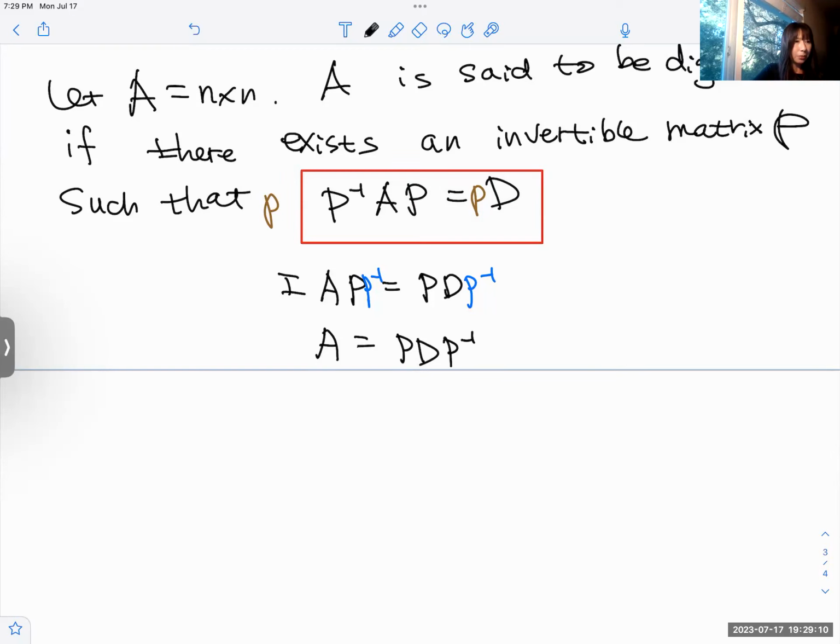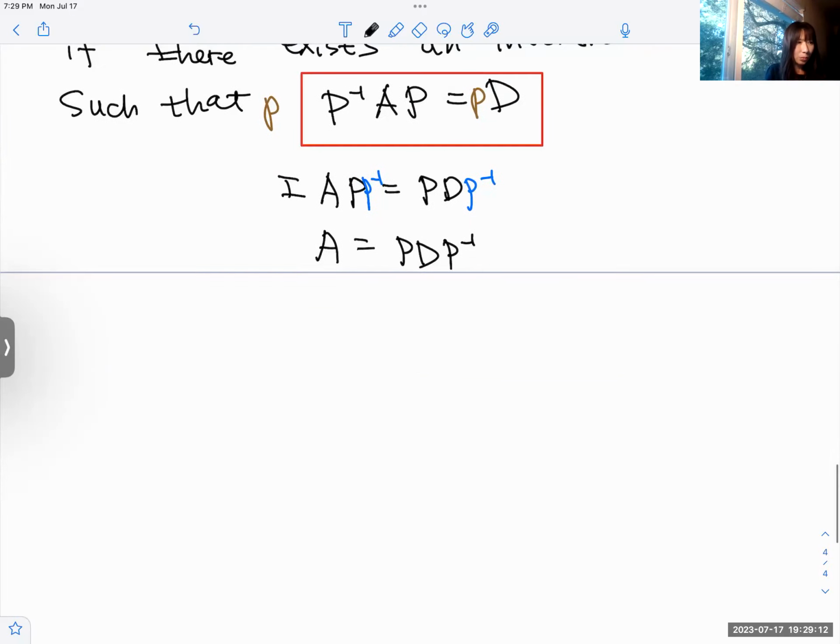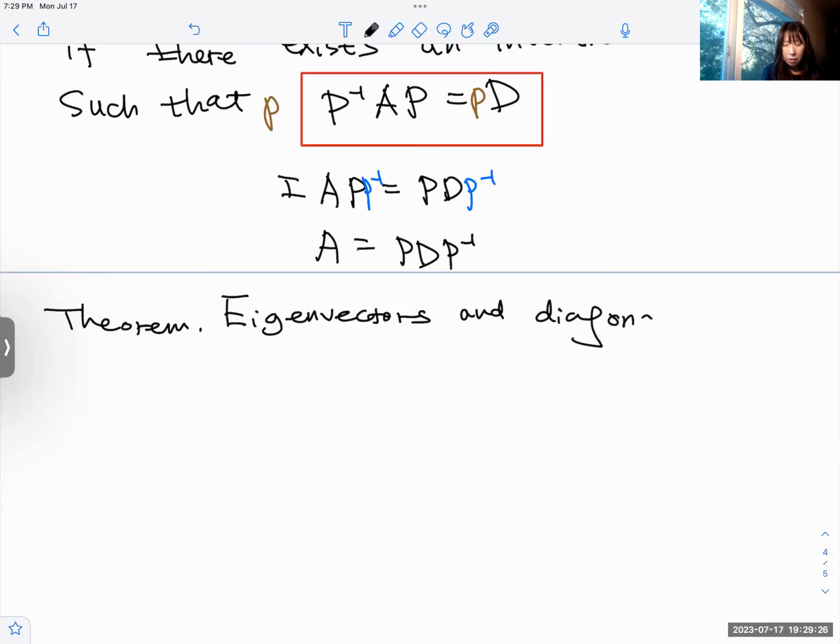Let us do this one. Theorem: eigenvectors and diagonal matrices.